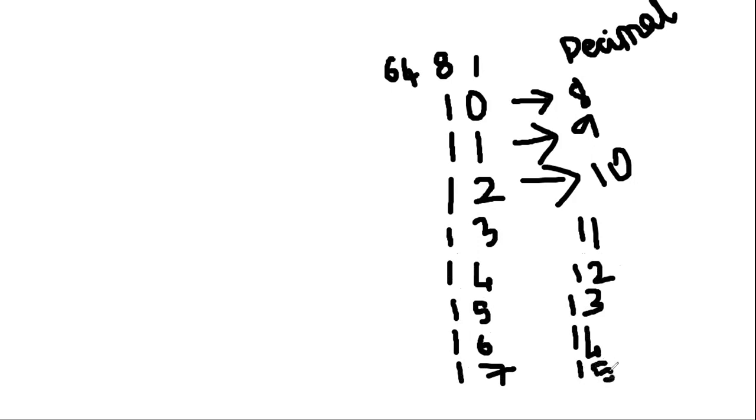To represent 16 now, I will have to change this to 2 times 8. So 2 times 8 will give me 16, and I will say no more. So 2, 0. Then I will write 21, 22, 23, 24, 25, 26, 27. I will stop and write the number 30.